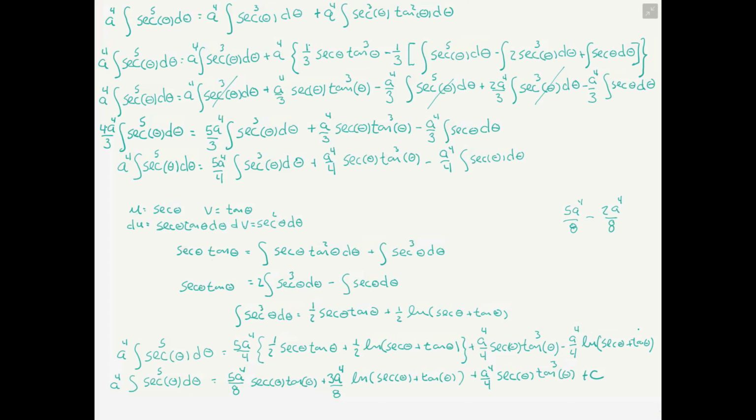So now that is technically our solution to the secant to the fifth theta d theta. But now we have to put our solution back into its original terms, which were in the variable x. So what we have to do is go to another page because we just don't have the space here.